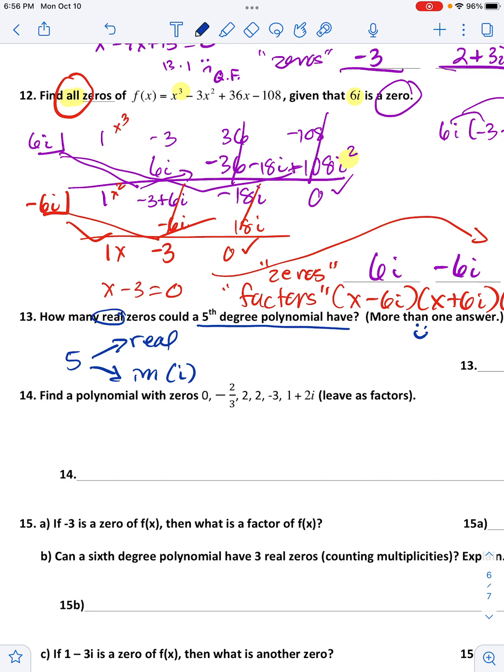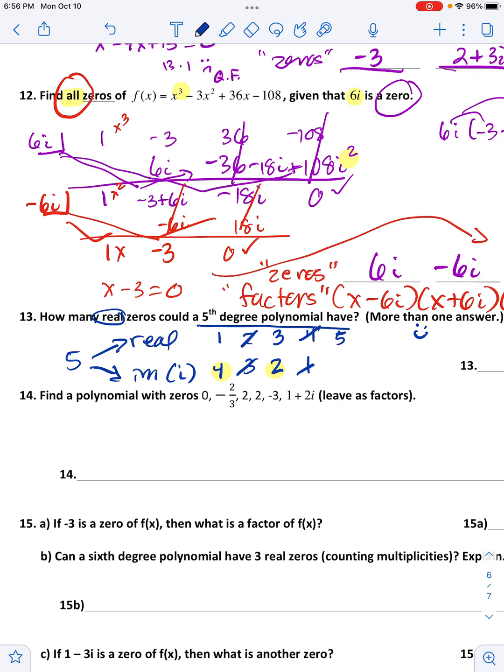So I could have 1 real with 4 imaginary. I can't have 2 real because that would force 3 imaginary, so that combo is not going to work. Could I have 3 real and 2 imaginary? Yes, because these have to come in pairs. Can I have 4 real zeros and 1 imaginary? No, because the imaginary have to come in pairs.